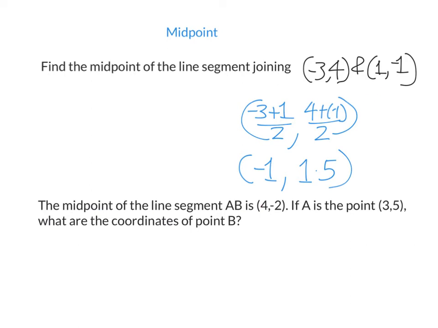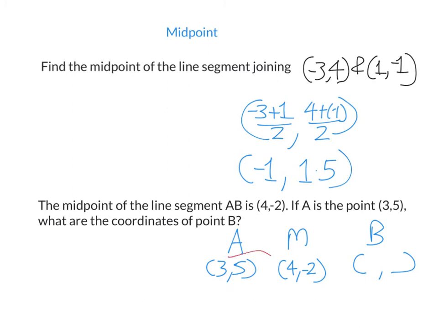So let's look at this question here. This time I'm told the midpoint, and given one of the endpoints, I need to find the other endpoint. So this is what I have. A, M for midpoint, and I need to find B. So B is going to have an x value and a y value. So for the x value, 4 will have to be between 3 and this x value.